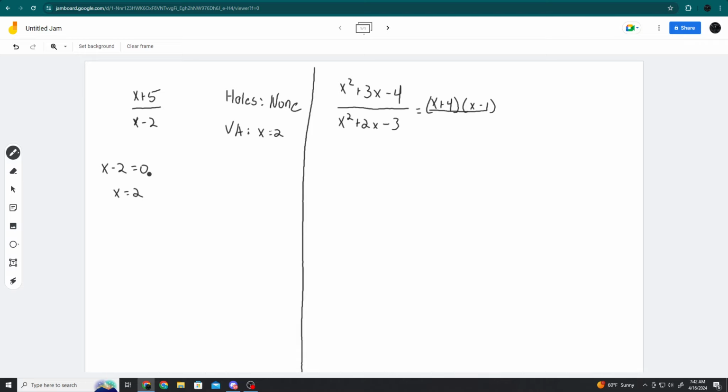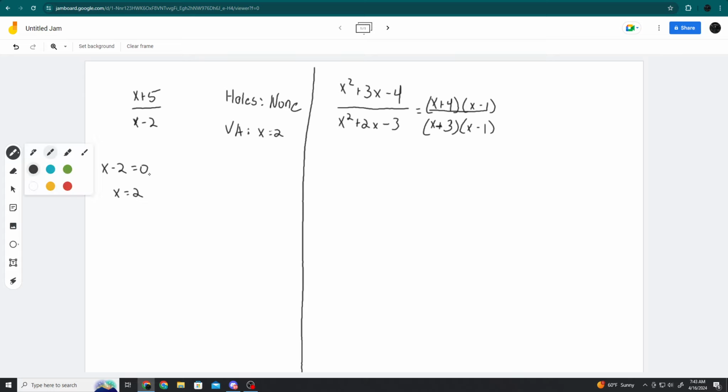This time it will be +3 and -1, so we get x plus 3 and x minus 1. And if I'm trying to simplify, we notice that there are two factors that are very similar. We have x minus 1 on top and x minus 1 on the bottom.